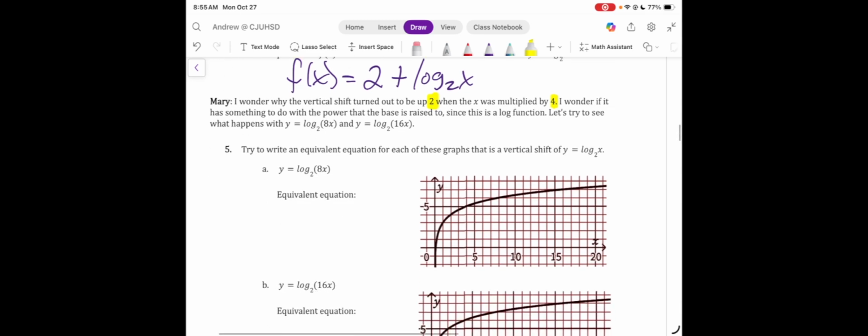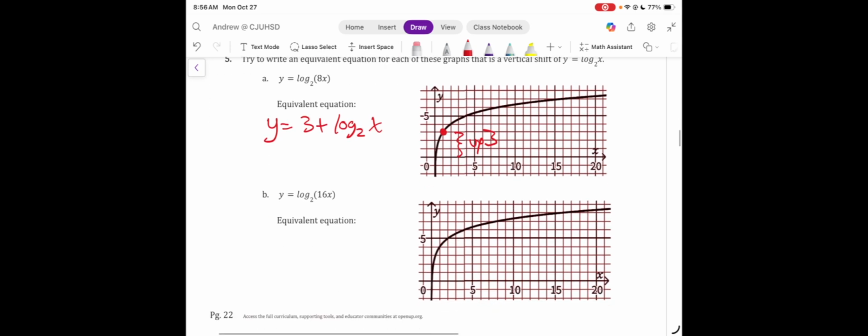So it says to write an equivalent equation for each of these graphs that is a vertical shift of log base 2 of x. So they've given you the graph, and again, look for the reference point. Okay, it's right here. This represents going up 3 from where we normally would expect that reference point to be. So this is the same as 3 plus log base 2 of x.